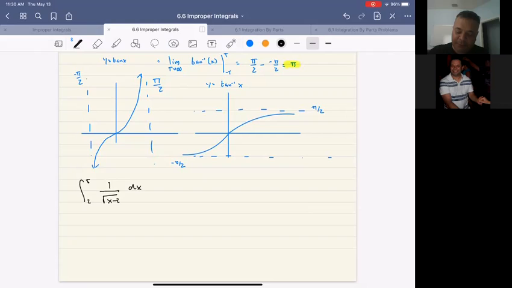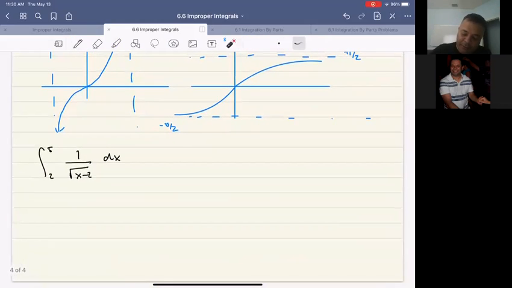Now, I'm going to first start by doing a substitution. Notice this has a problem at x equals 2, right? There's a vertical asymptote there at x equals 2.